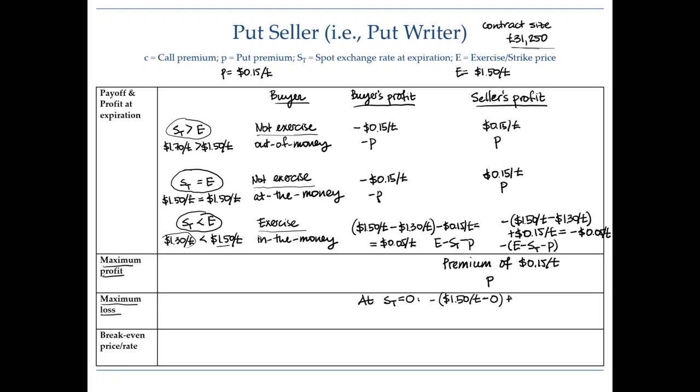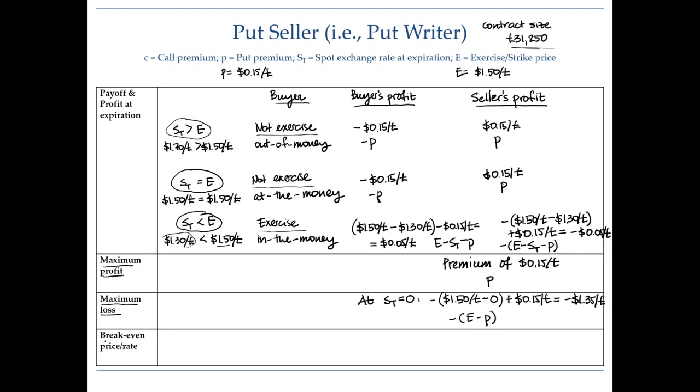But of course, seller received 15 cents of premium up front, so let me subtract that from the loss, and maximum possible loss for the seller is $1.35. So in other words, if I were to write a generic expression for it, it's the difference between exercise and the premium. So the most that the seller can lose is $1.35 per pound.